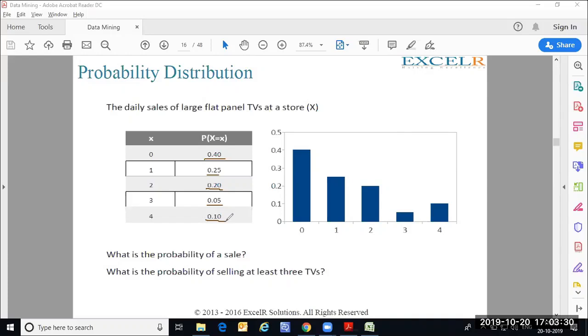If you'd like to calculate the expected value, simply take the summation of the product of the X values with the respective probabilities. And this will become your mu.